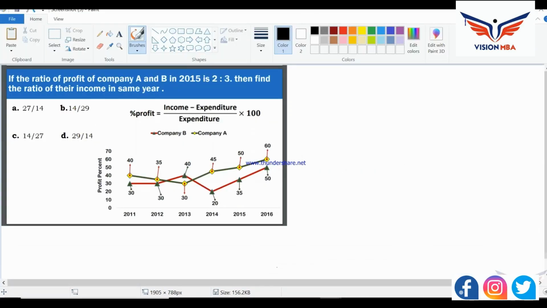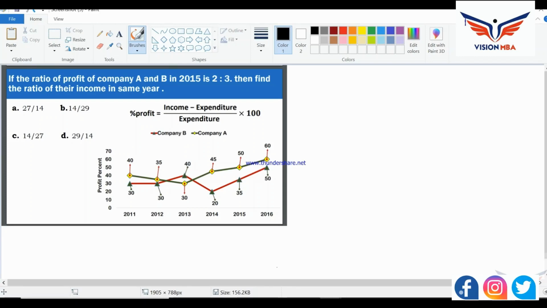So next one is, if the ratio of profit of company A and B in 2015 is 2:3, then find the ratio of their income in the same year. All right, so we'll find out. We'll start with profit only. How do we calculate profit?